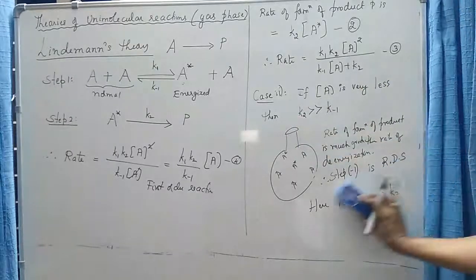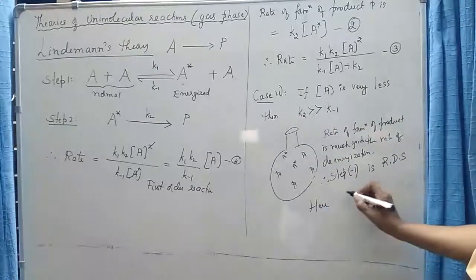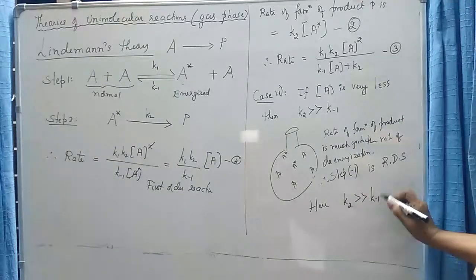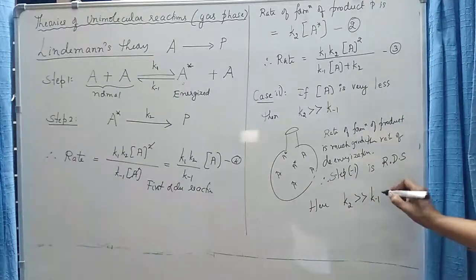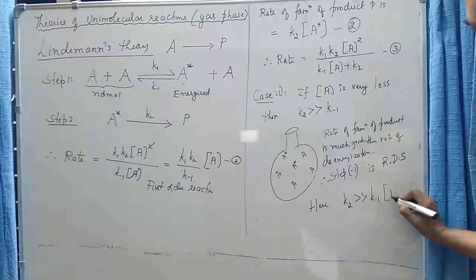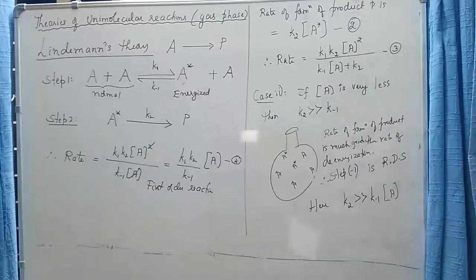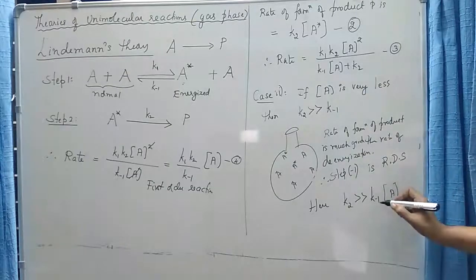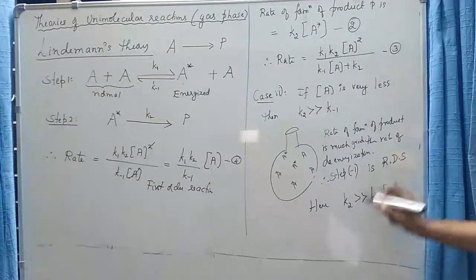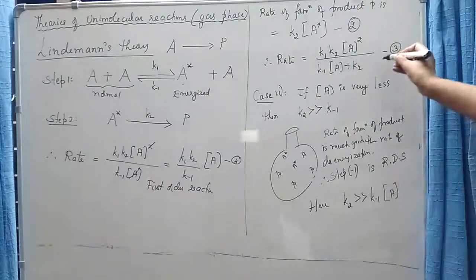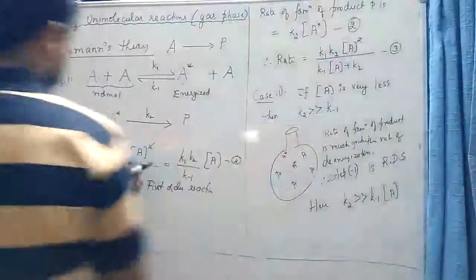Now I already have K2 much greater than K-1, which is a very small number. If this small number is multiplied by another small number, that is A, because the concentration of A is much less, then K2 will be much greater than K-1 into A. So what happens to equation 3?